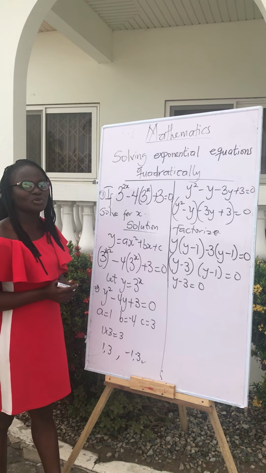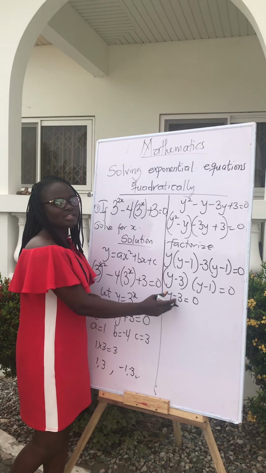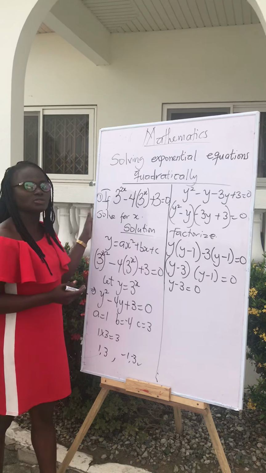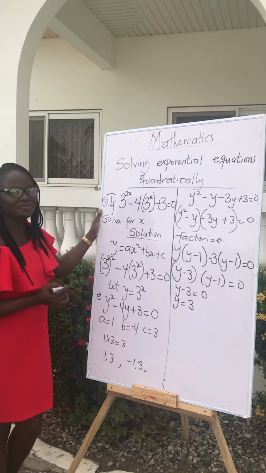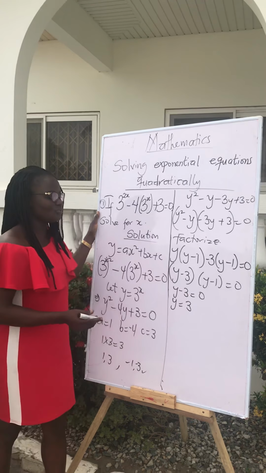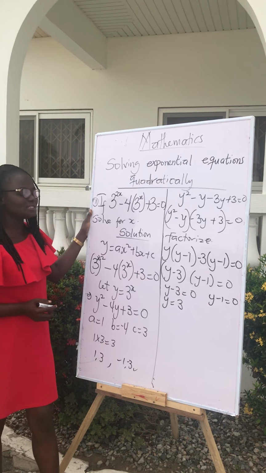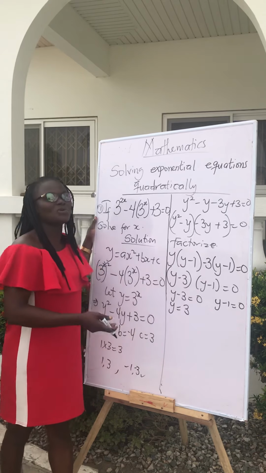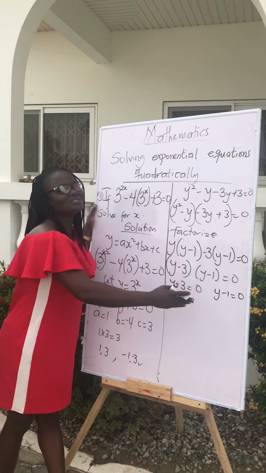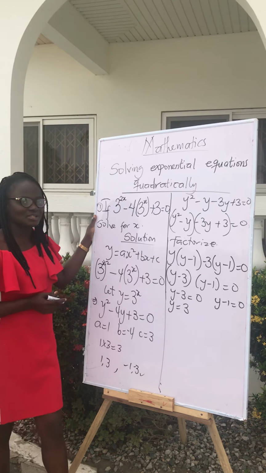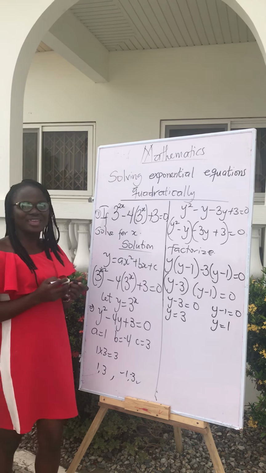We have to group like terms. So we move the negative 3 to the other side of our equal to sign to become positive 3. Then the second bracket too, we have y minus 1 equals 0. We also group like terms by moving the negative 1 to the other side of the equal to sign to give you y equals positive 1.